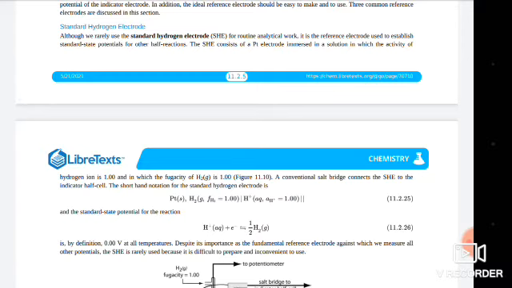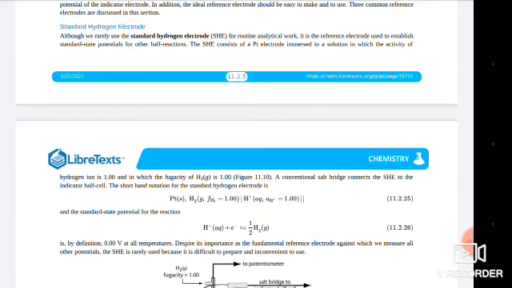A conventional salt bridge connects the SHE to the indicator half cell. The shorthand notation for the standard hydrogen electrode is Pt solid, H2 gas having fugacity 1, separated by a single line, H plus aqueous having activity 1, separated by means of a salt bridge, and the standard state potential for the reaction is, by definition, 0.0 volt at all temperatures.